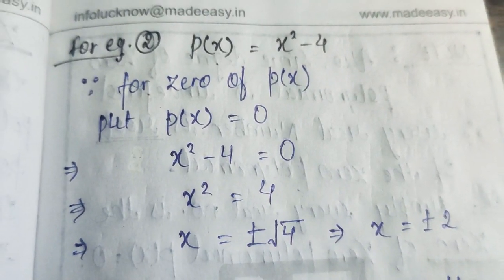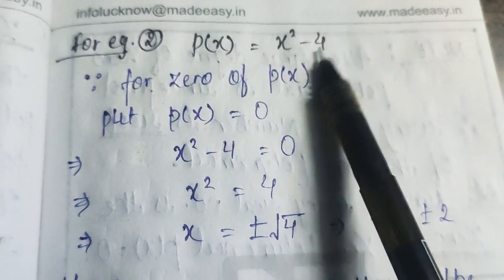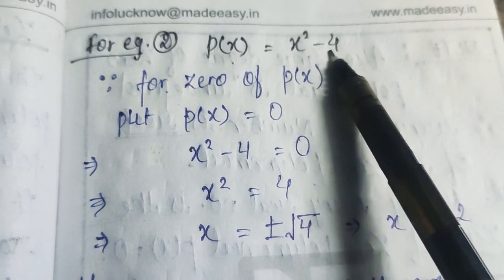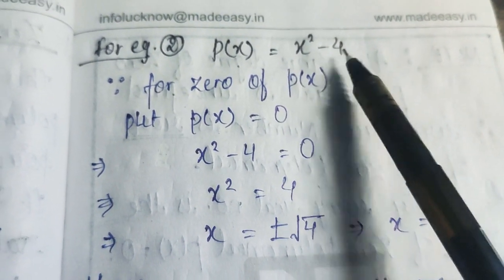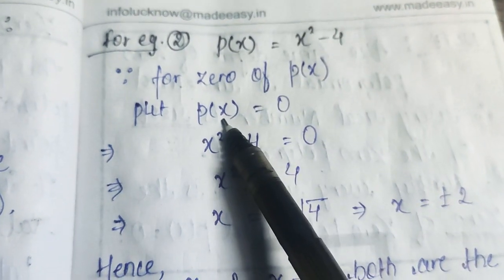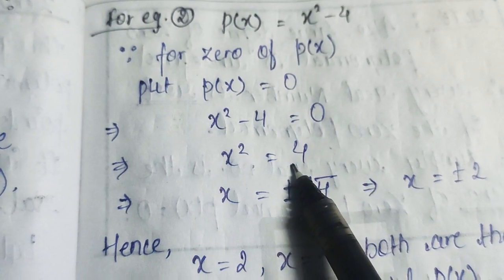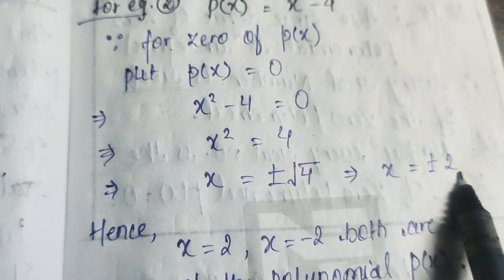Let us have one more example like p of x equals x square minus 4. Here you can see the degree of this polynomial p of x is 2, meaning it is a quadratic polynomial. So the number of zeros should be 2. Whenever you put p of x equals 0, you get x square equals 4, and therefore x has the values plus minus 2.